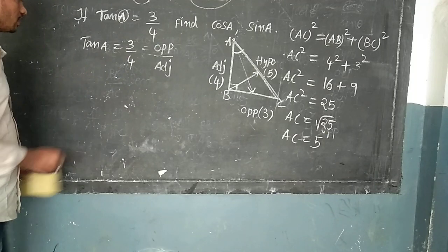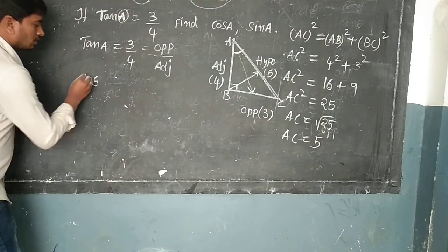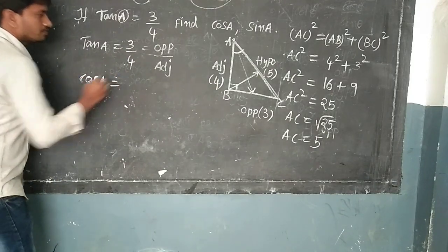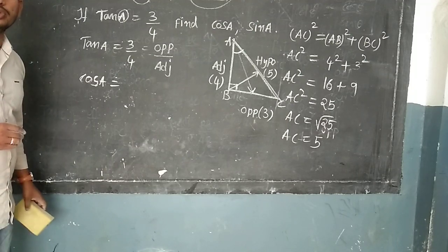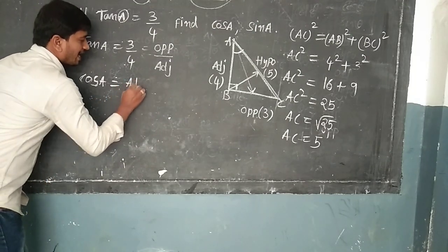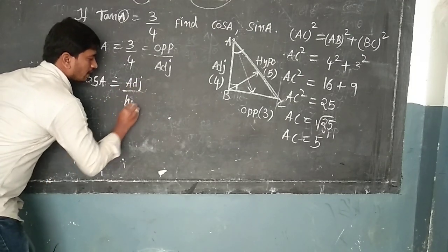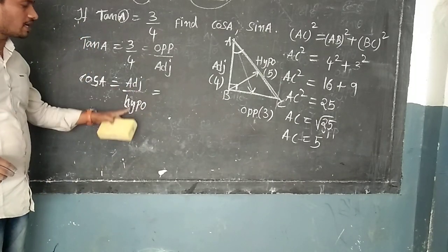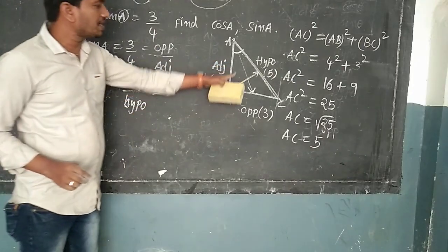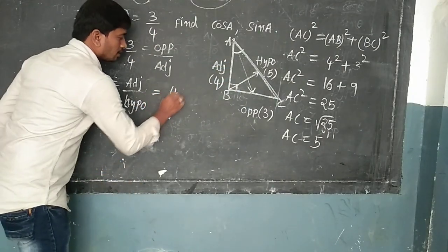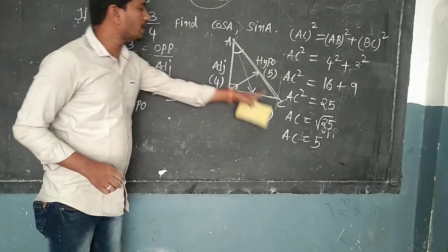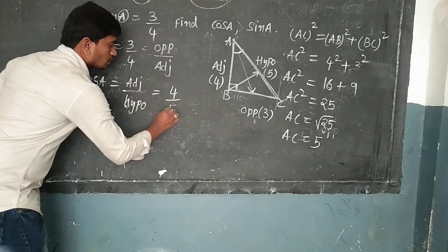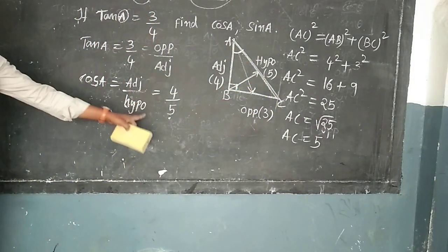We got all the 3 sides now, so I can find cos A and sin A. What is the ratio of cos? Cos A equal to adjacent by hypotenuse. Adjacent is 4 units and hypotenuse is 5 units. So cos A is 4 upon 5.